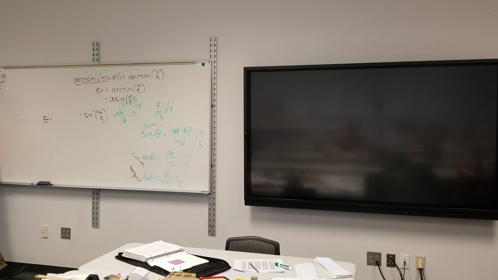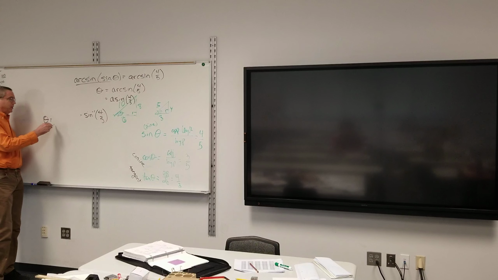Feel free to pull out a calculator. My calculator's dead. Can I do it on my computer? Okay. Or if you know it off the top of your head, just shout it out. Apparently it's 53 or something. What's that? Something .93.